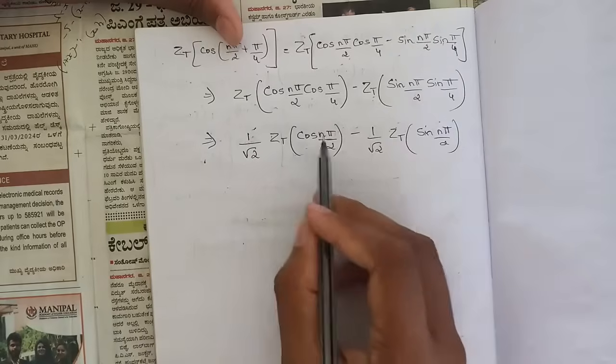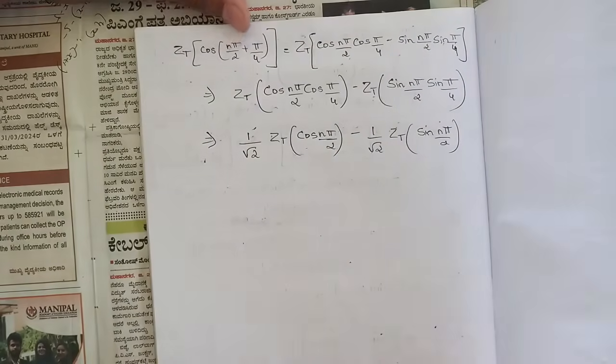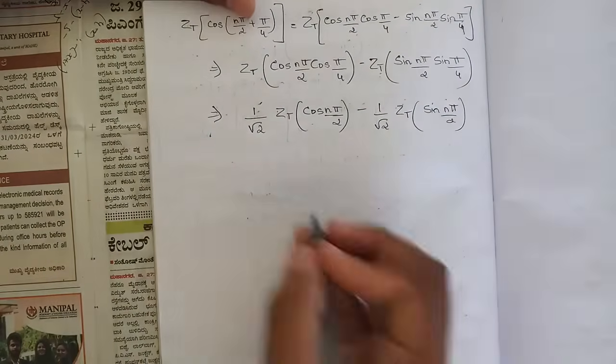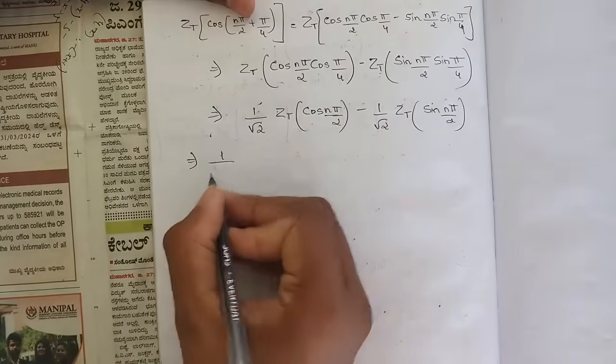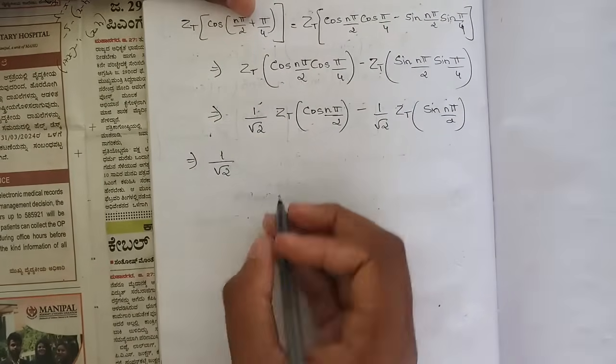So this is again of the form cos n theta and sin n theta. Okay, so now we'll write that directly.